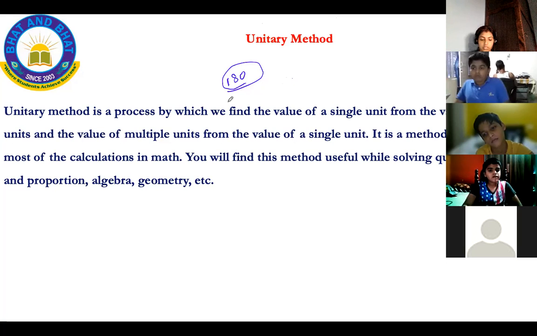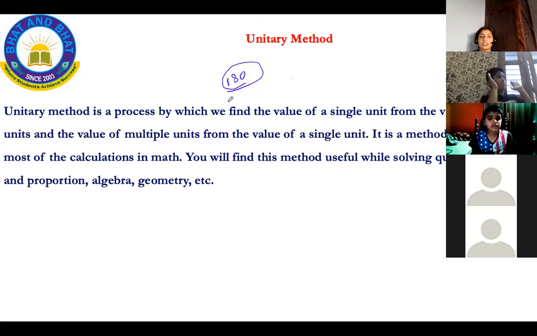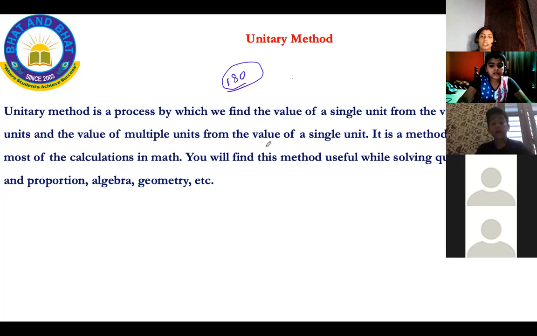Okay. So this is used while solving any mathematic operations. If you're performing them, we use this unitary method. If you are finding a ratio, proportions, algebraic equations or geometry, anything when you are solving, you will be using unitary method.